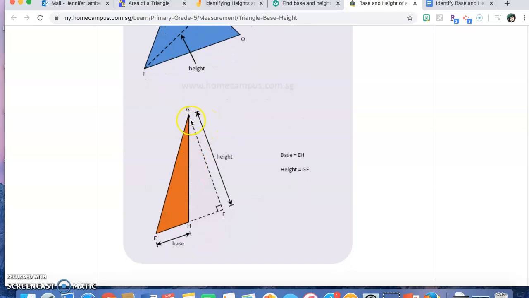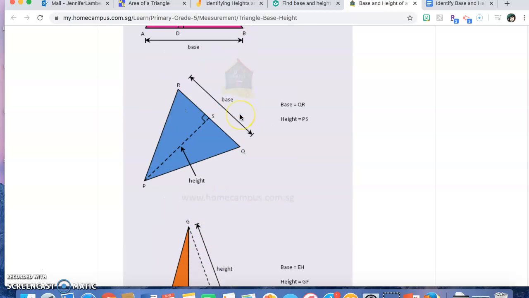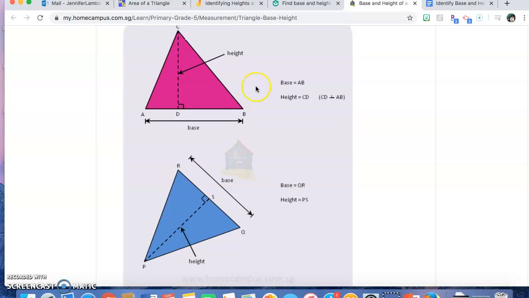In this last example, it says the base is EH and the height is GF, again because they form a right angle here. And again, just like that common mistake I told you about, only EH is the base, so look carefully, not EF. Only EH is the base because that's the side of the triangle.